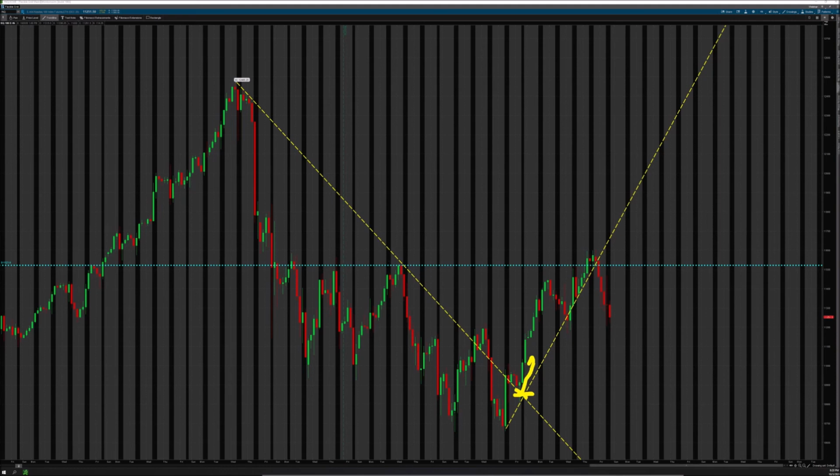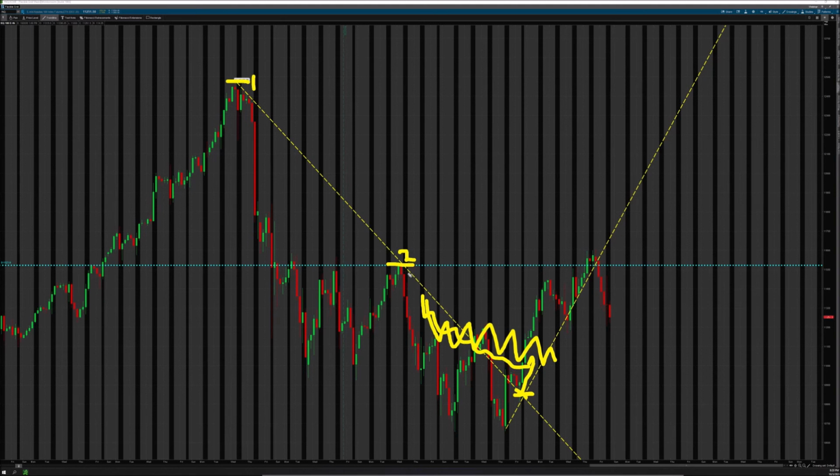This is how you draw them. You take a previous high to a resistance level there, and none of this up here is going to be there yet. This is your first point, this is your second point. Everything in front of it, we don't know exactly what's going to happen.